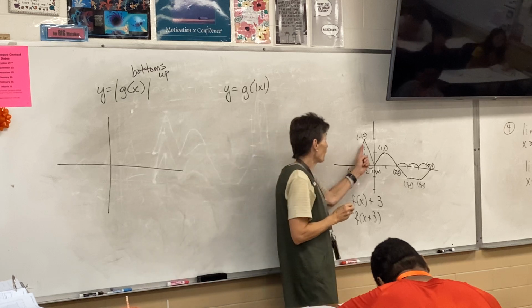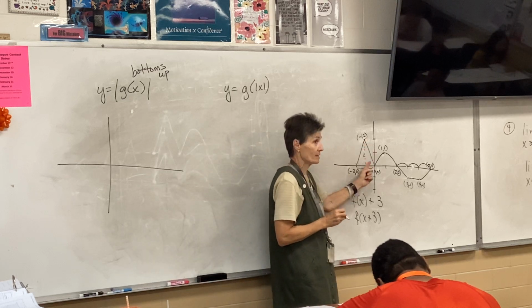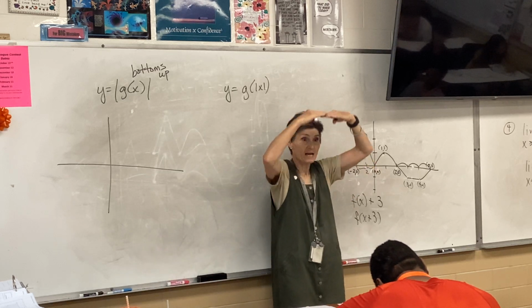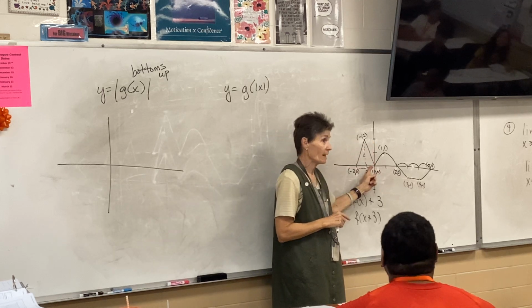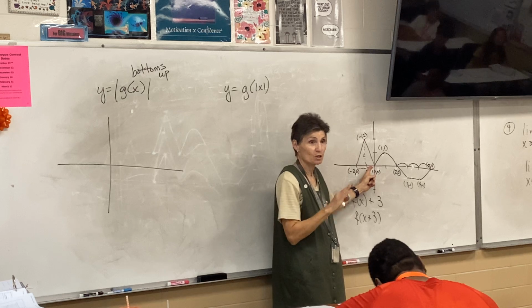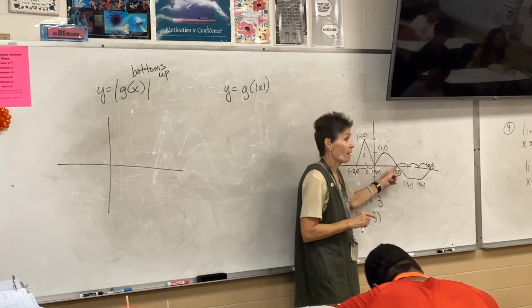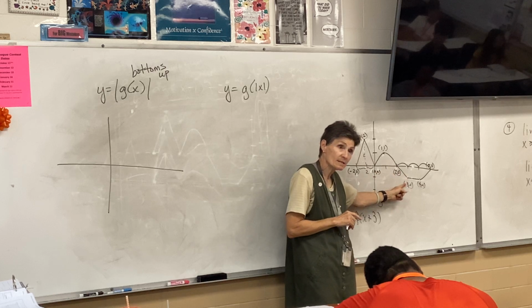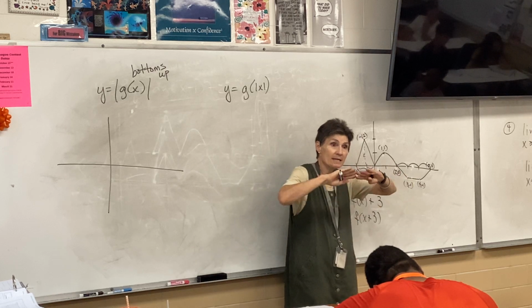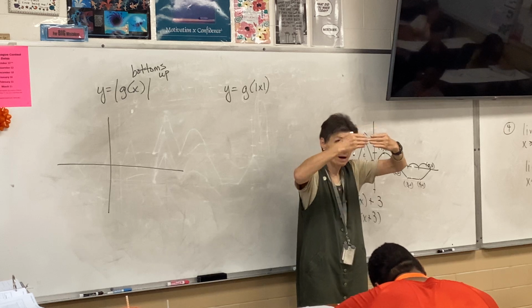If it's already positive, this is positive. Positive means you're above the x-axis. This is already positive. So when I take the absolute value, nothing changes. This is positive. Nothing changes. But this guy is negative, and he becomes positive.